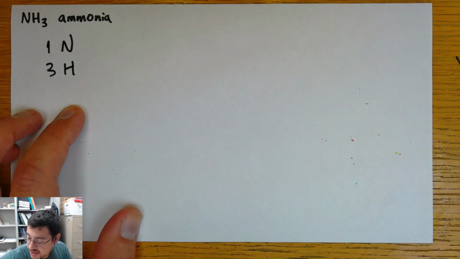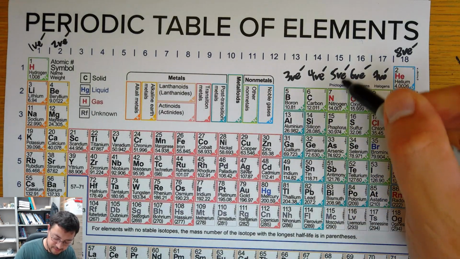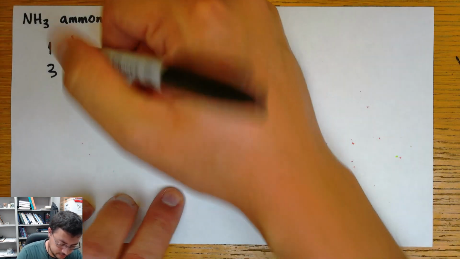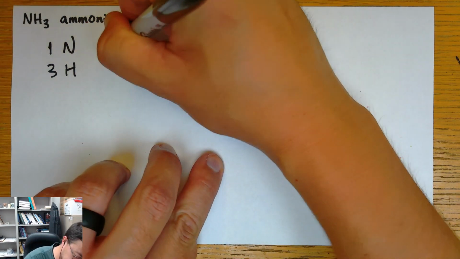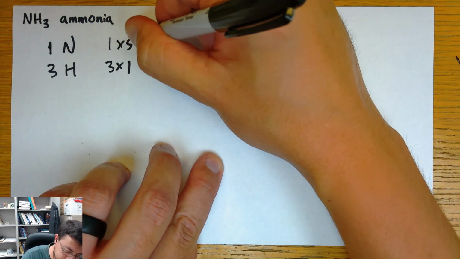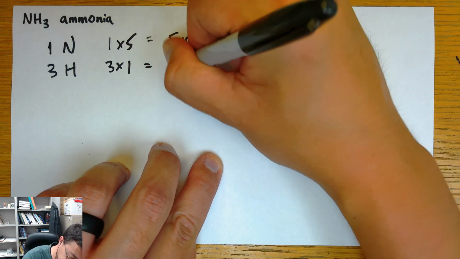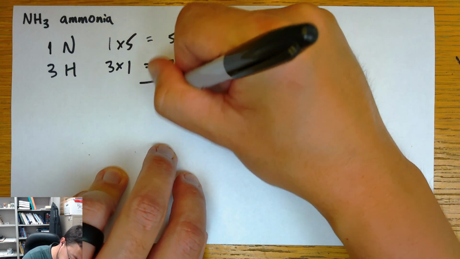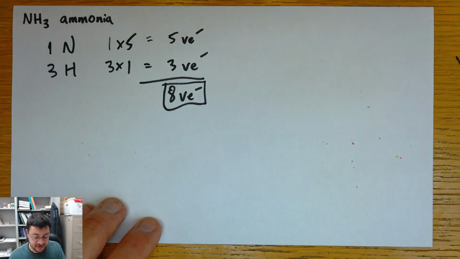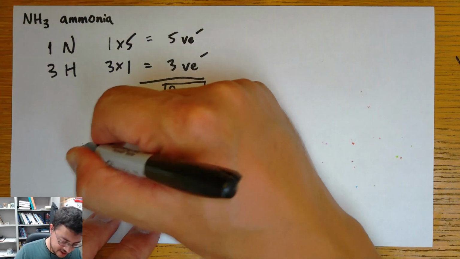Nitrogen is in the 5 valence electron group, and hydrogen's always a 1. Five plus 3 is 8 valence electrons. Nitrogen in the middle, it's never hydrogen.